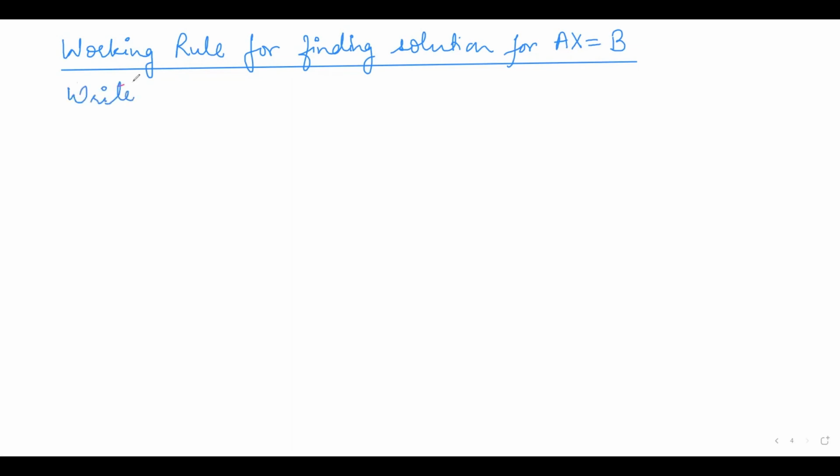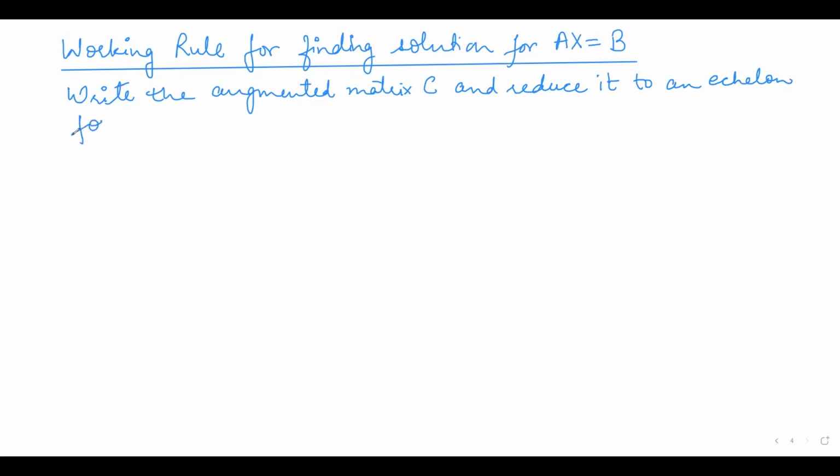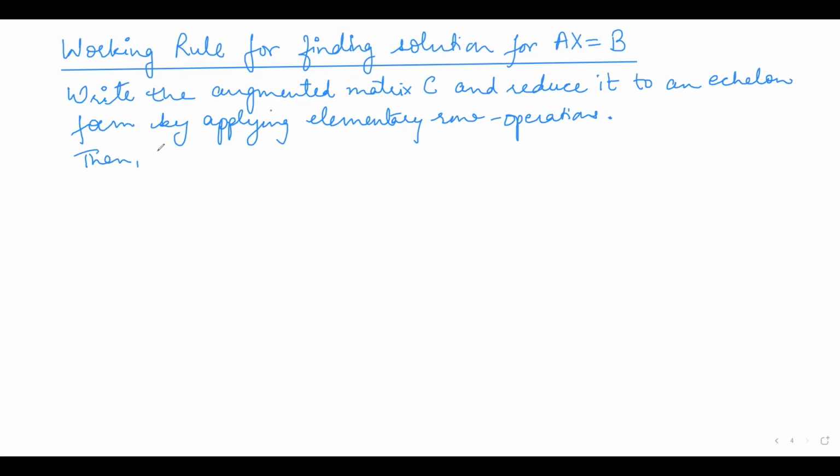We write the augmented matrix and reduce it to an echelon form by applying elementary row operations. Then find the rank of C as well as A.